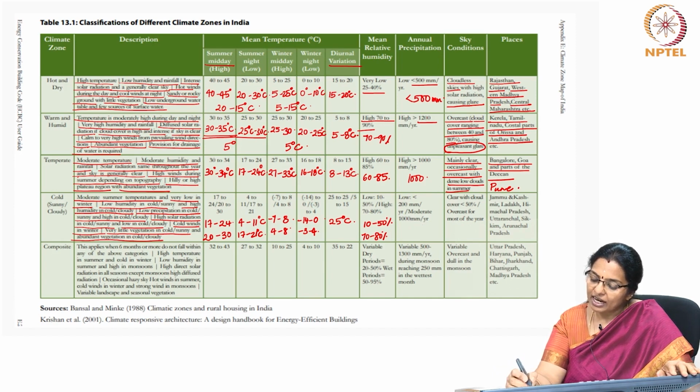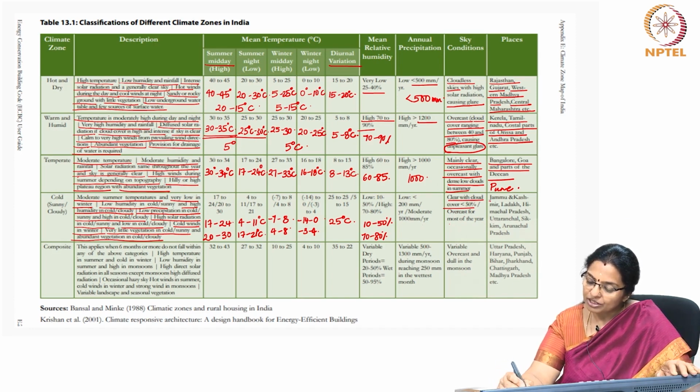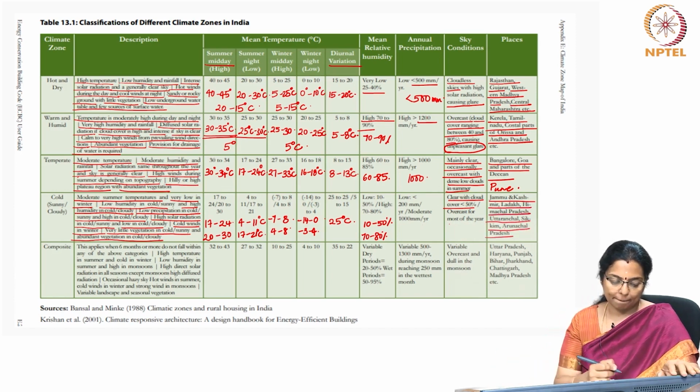Sky conditions are clear with some cloud cover in cold and sunny, and overcast for most parts of the year in cold and cloudy. Areas include Jammu and Kashmir, Ladakh, Himachal Pradesh, Uttaranchal, Sikkim, Arunachal Pradesh.